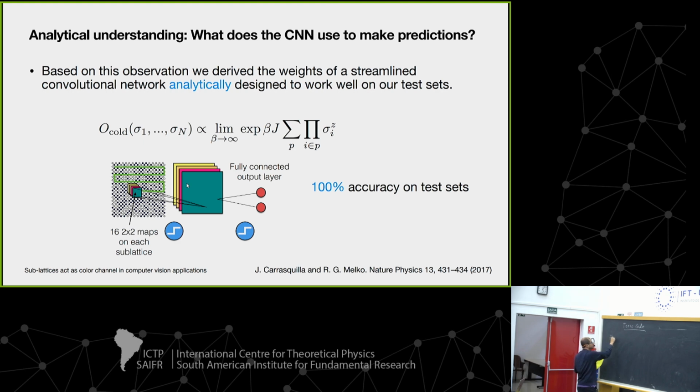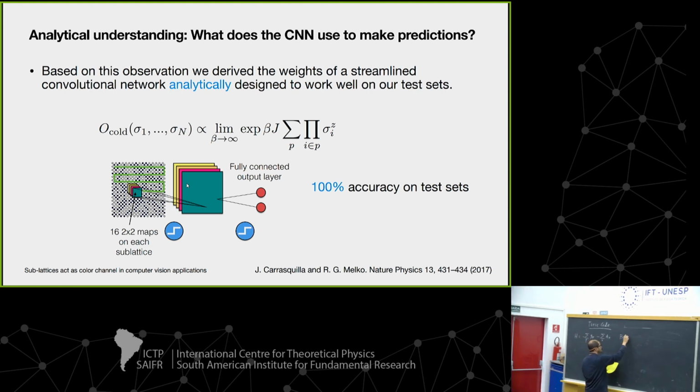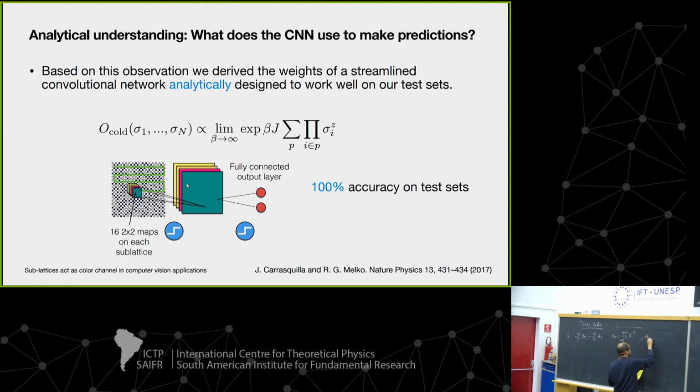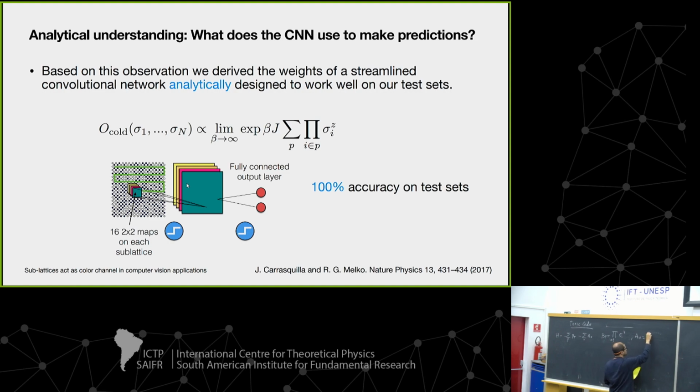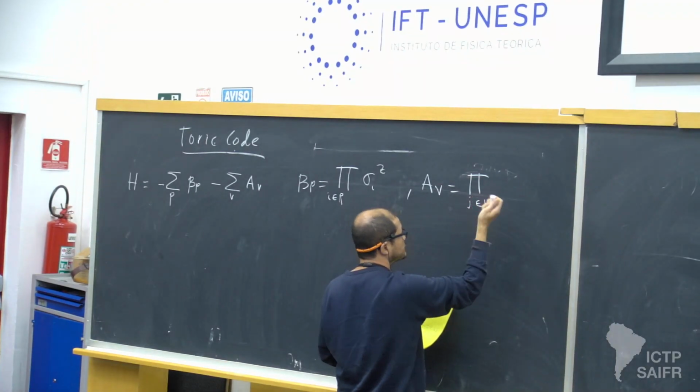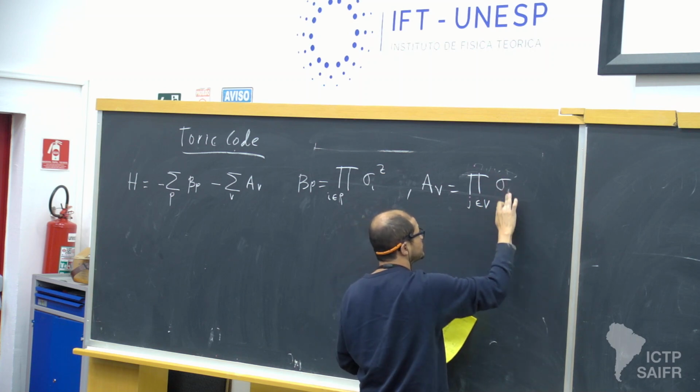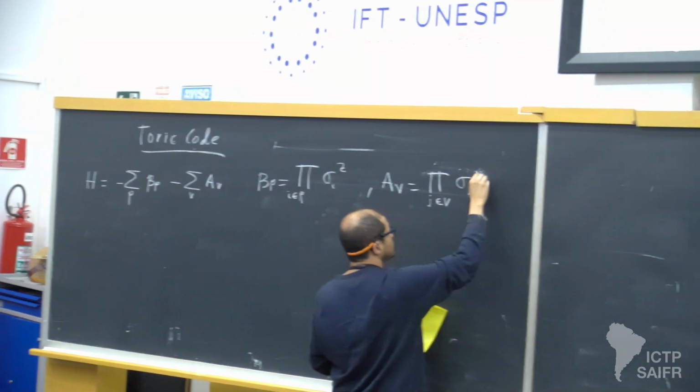It's a sum of terms, the plaquettes, a plaquette operator, minus a sum over the vertices of these operators, where these B_P are products over the plaquettes on the lattice of sigma^Z_i in the plaquette, and the A_V are these operators: again, products over j in the vertex V of sigma^X_j, okay?